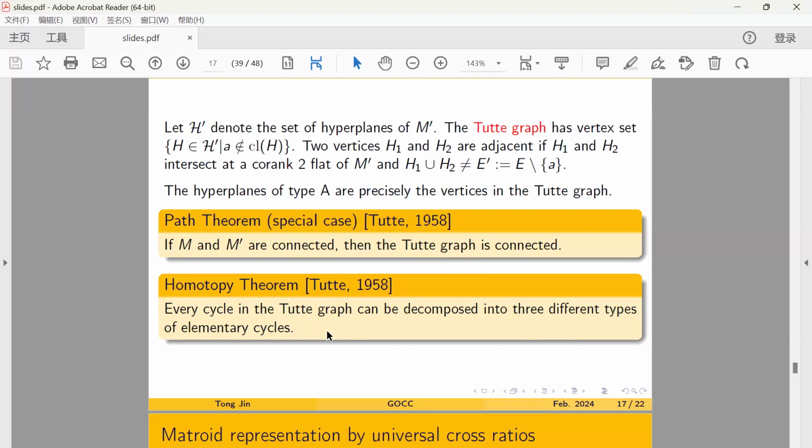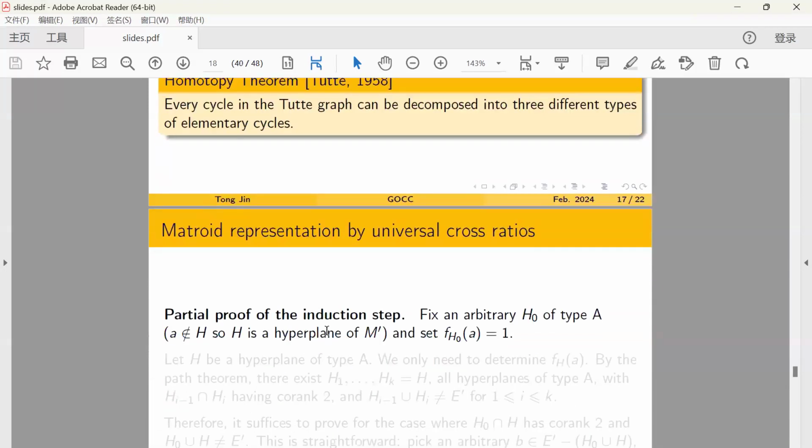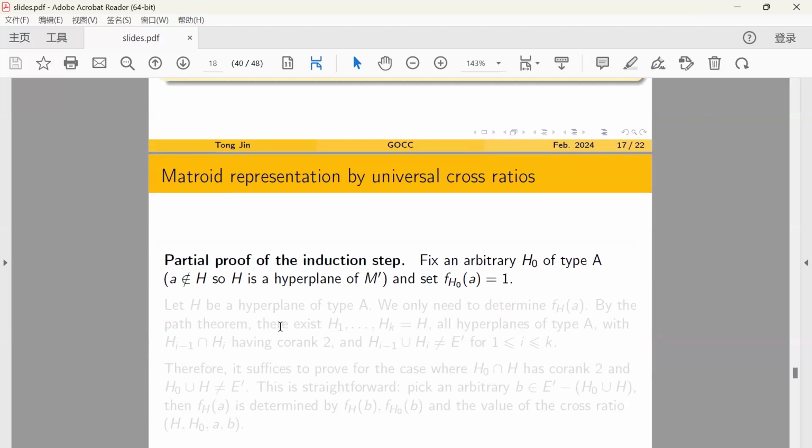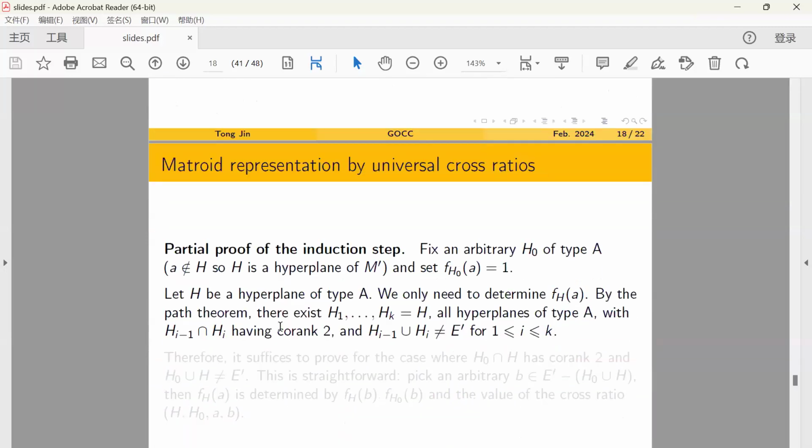So once we are equipped with those 2 lemmas, let's see how we can give a modular system of hyperplane functions. This is only a partial proof for the type A hyperplanes.